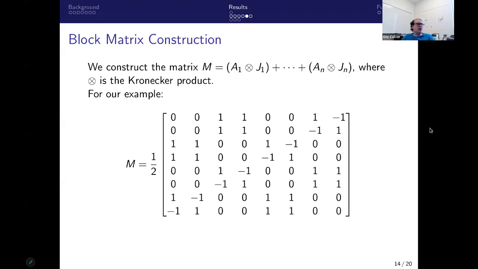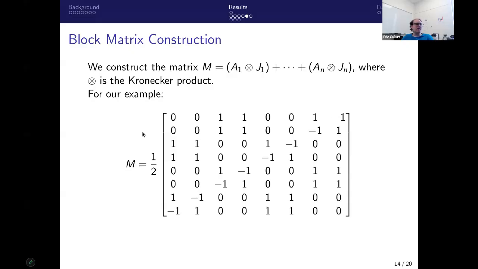And so in our example, remember the A1 matrix had ones up here and ones down here, while the A2 matrix had ones along the negative diagonal. And so that's what's going on here. I have my J1 going here and here, while the J2 is on the negative diagonal, but in these 2x2 blocks.